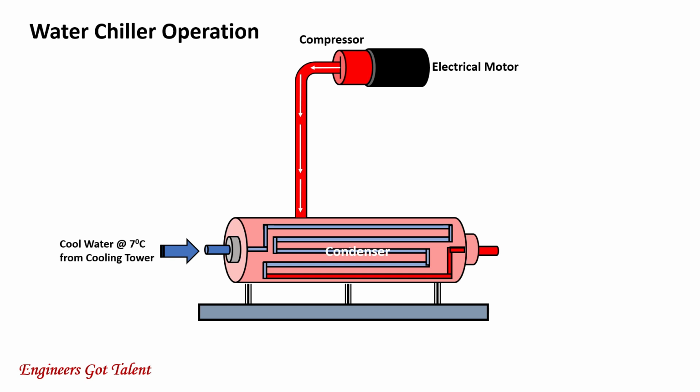When the cool water absorbs the heat from the refrigerant, it gets warm as it exits the condenser. The warm water at 32 degrees Celsius is then pumped by a centrifugal pump back to the cooling tower. The warm liquid refrigerant exits the condenser at high pressure.